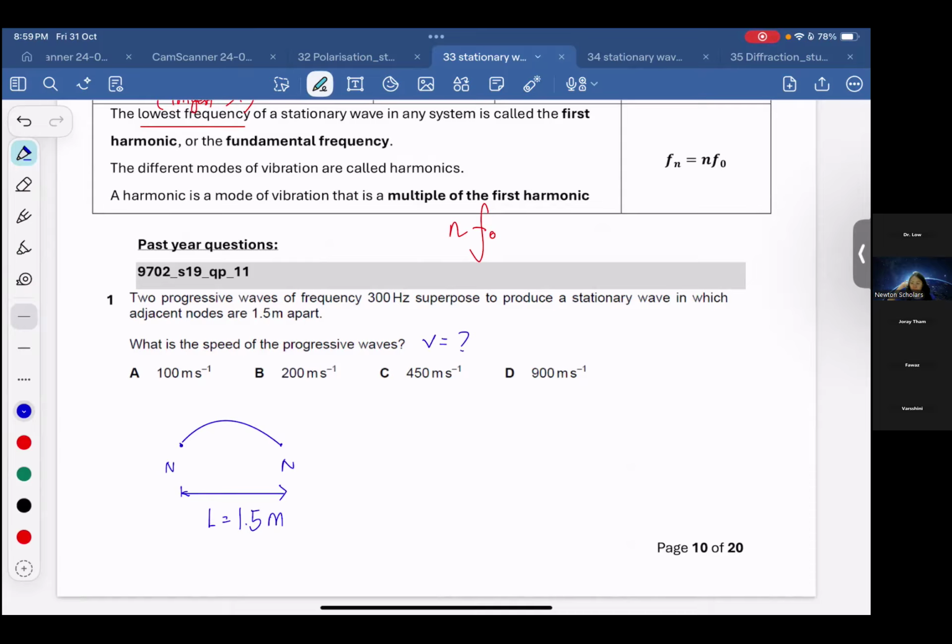What is the speed V? So boys and girls, you know the frequency. V equals f lambda. You know the 300 hertz, but you don't know the wavelength. Can you help me find the wavelength? Then substitute in and tell me your answer.